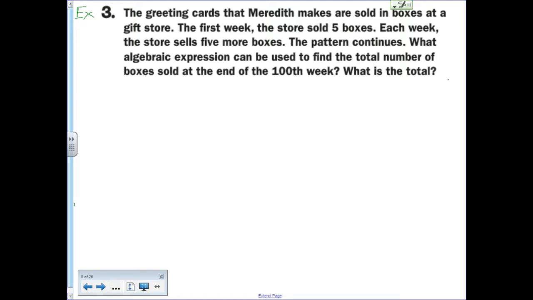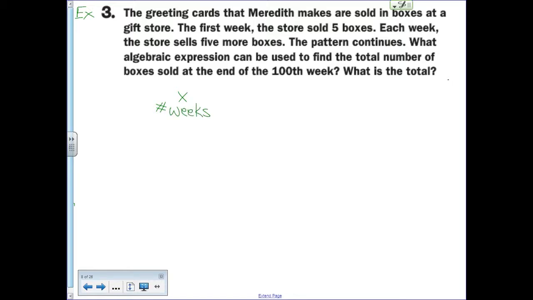So what we would like to do here is make a table with 2 columns. The first column, the X column, would be the number of weeks. So hashtag weeks.